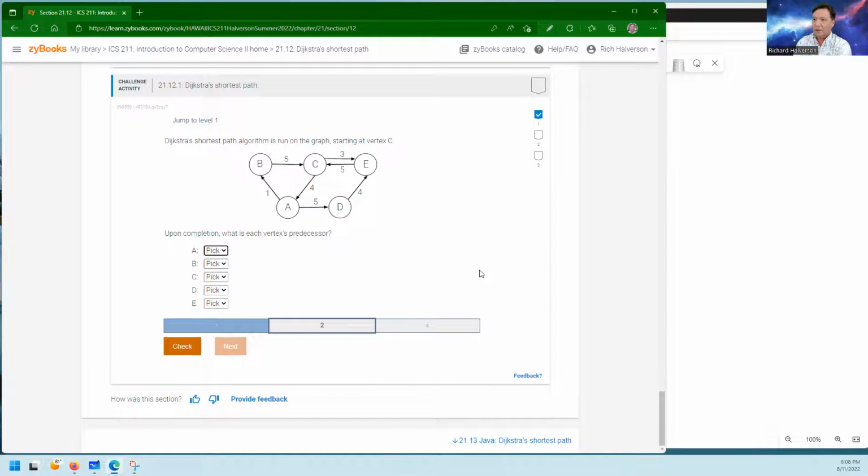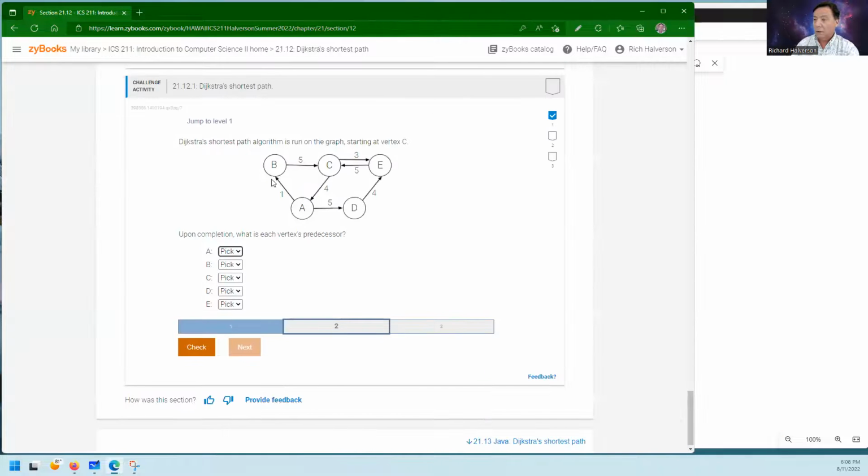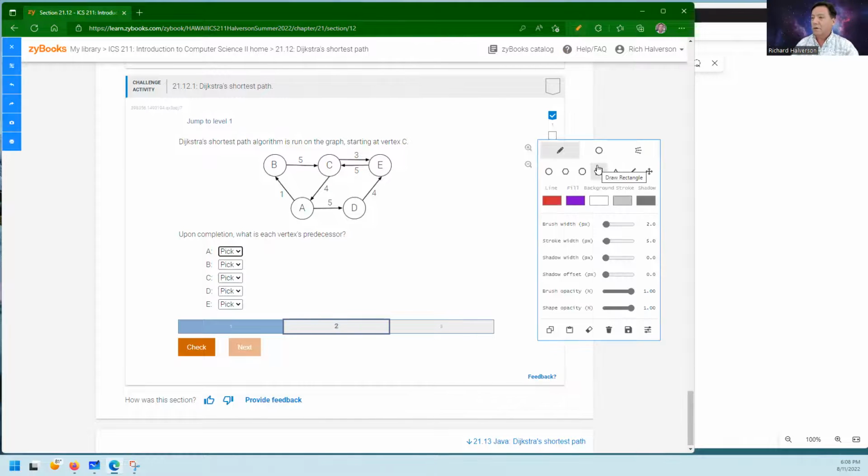Dijkstra's shortest path algorithm is run on the graph starting with vertex B. All right, should I execute? Should I actually do it? I think I'm gonna actually do it over here. Well, actually, what I think we can do, all right, we're starting at C. Let's see if this works.